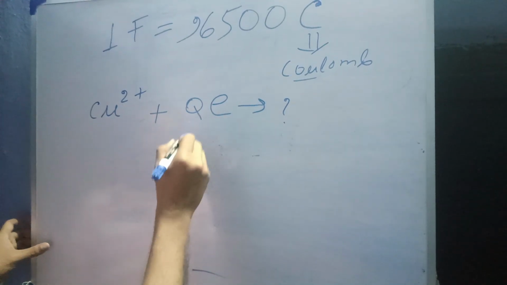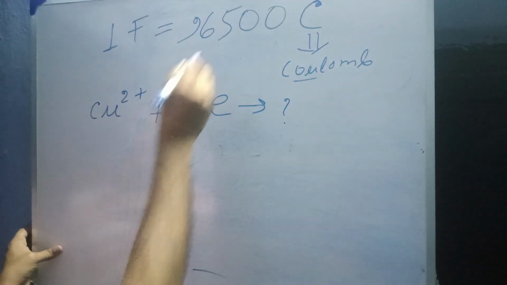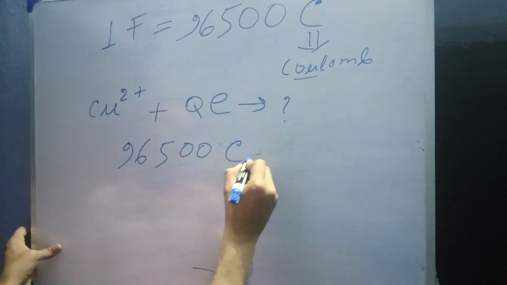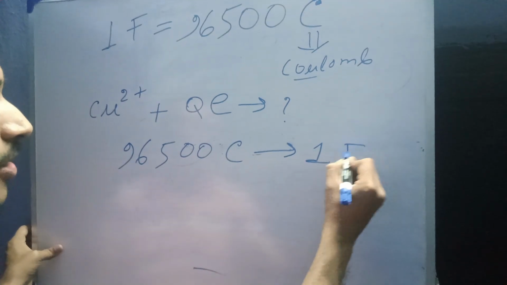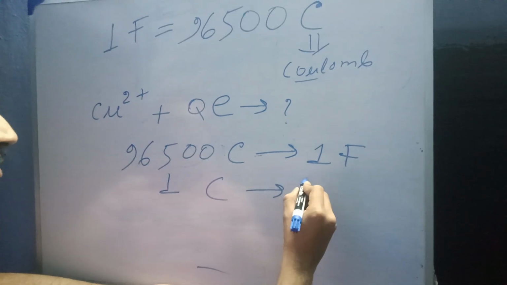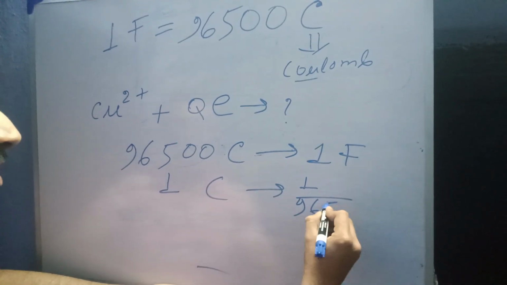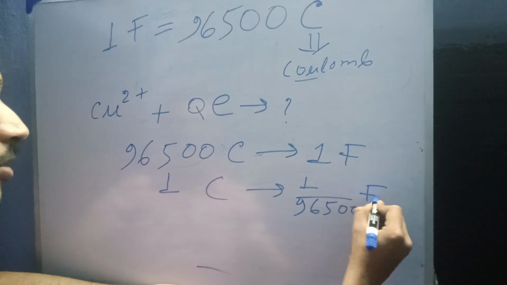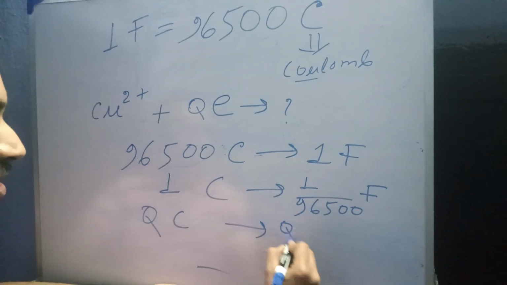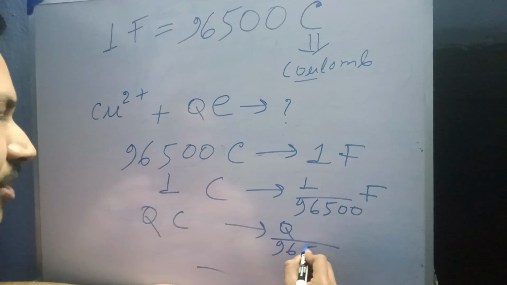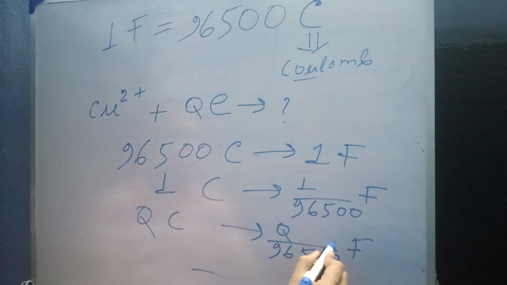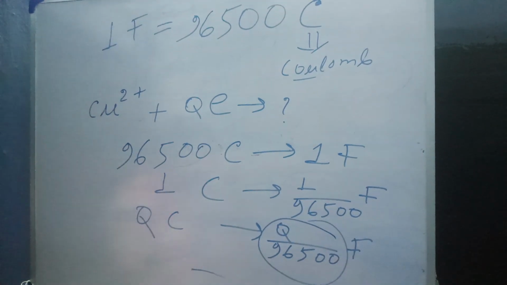Now here q is in coulomb, so 96,500 coulomb is equivalent to 1 Faraday. Hence 1 coulomb is equivalent to 1 by 96,500 Faraday. Hence q coulomb is equivalent to q by 96,500 Faraday.